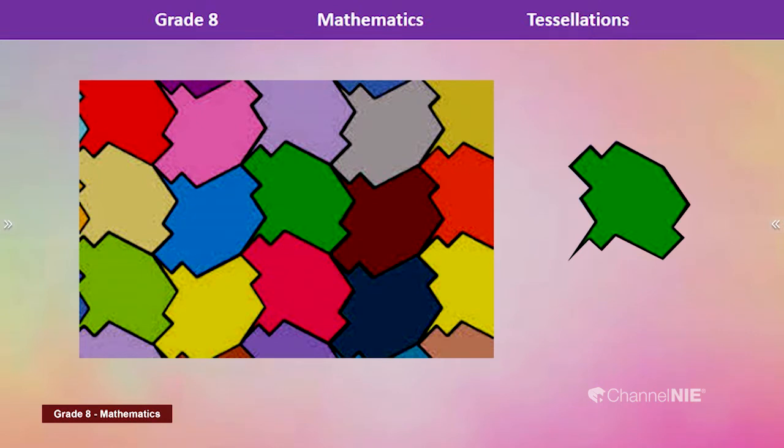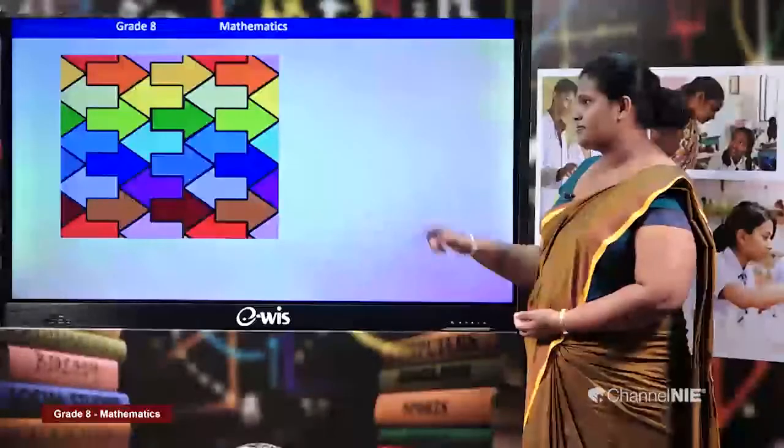We have colored the same shape in many different colors to create a beautiful pattern. But still, we are using the same shape throughout the pattern. Therefore, throughout the tessellation, we are having the same shape. That means this is also an example for pure tessellations.